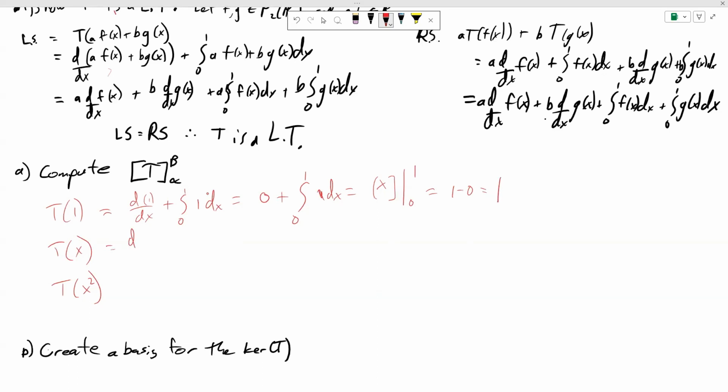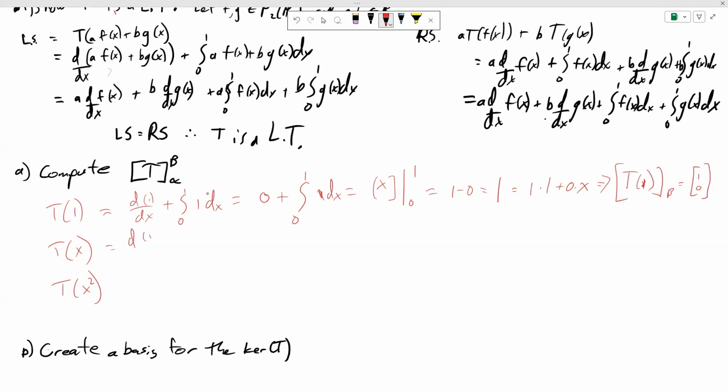Now, 1 is equal to 1 times 1 plus 0 times x. And now I've got my coordinates. T of 1 represented in beta is going to be (1, 0).